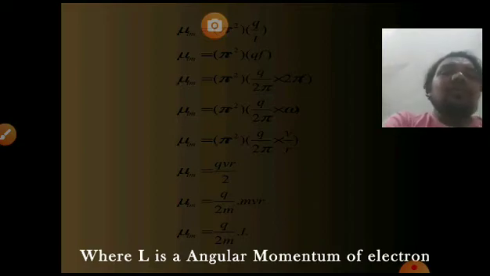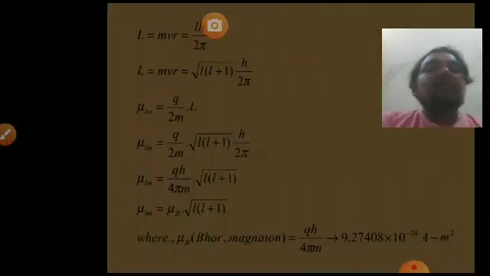Mu L m is equal to Q v r by 2. Mu L m is equal to Q by 2m into m v r. Mu L m is equal to Q by 2m into L, where L is the angular momentum of the electron.